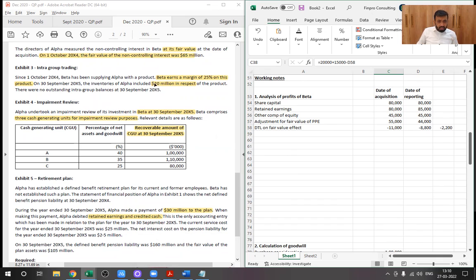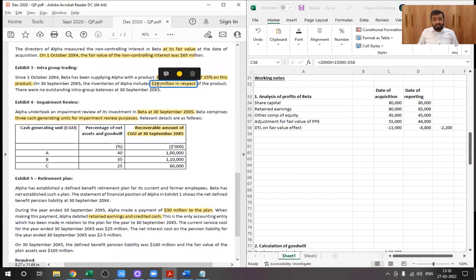So first elimination, how much is the amount? 25% on the product. So how much costing is there in Alpha's inventory? It's $20 million as of now. So this is 125%. So this includes profit. So if you have to remove this, this has to be divided by 125%.